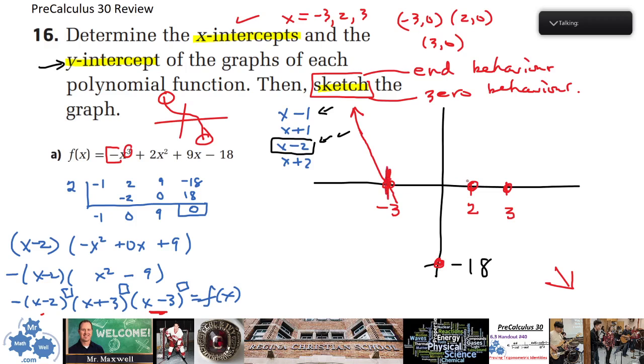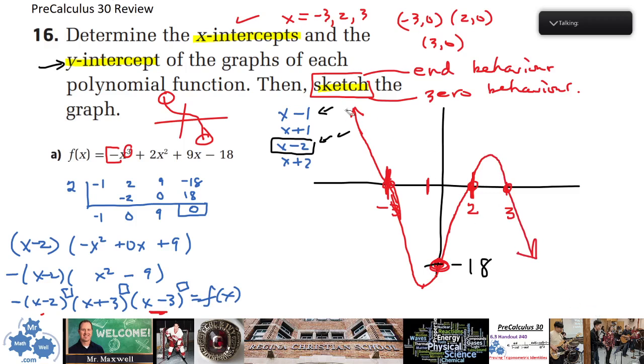And I would suggest that because the midpoint of these two intercepts is over here, that's probably where your minimum is going to be. So it's going to be something like this. Okay? It's probably going to be somewhat symmetrical, so I would guess that. So it's got to come through this negative 18. And then it's got to come up here, and this isn't to scale or very neat, of course, like this, and then down. And then, of course, that follows our end behavior there.